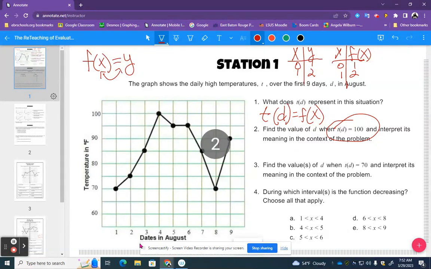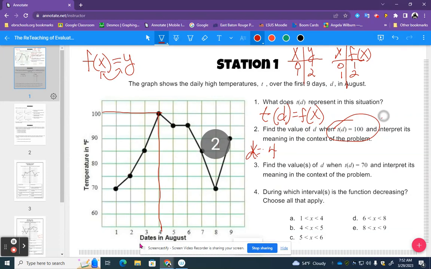So you would go to 100 on the y-axis and see what x is. It's 4. Or in this case, D equals 4. So if it looks like this is the same thing as y equals this, that means you're looking for the x value.